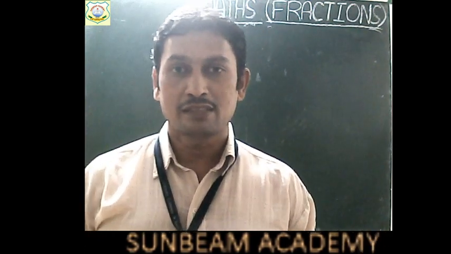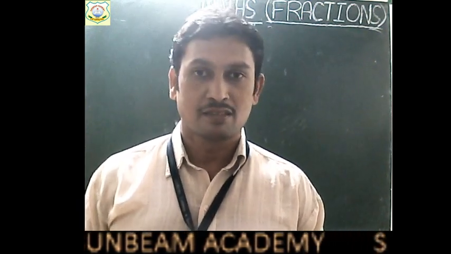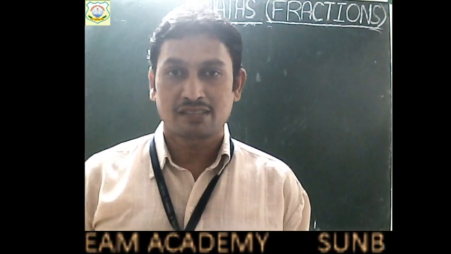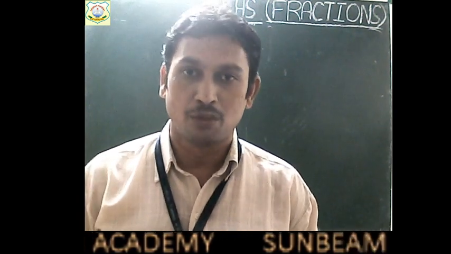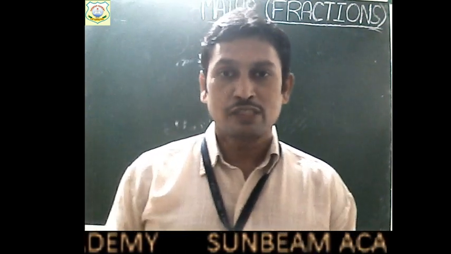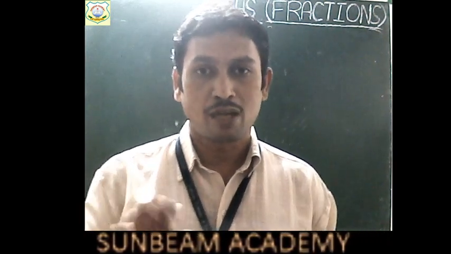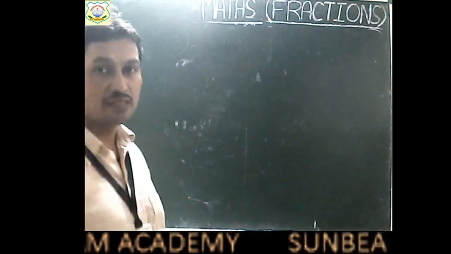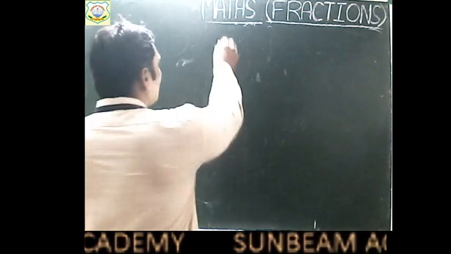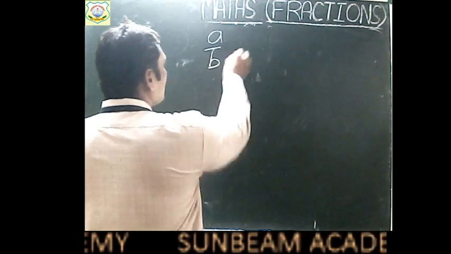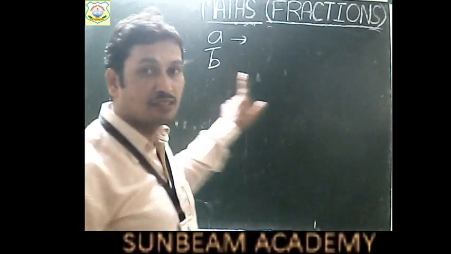So before I proceed children, let me ask you some question. If I ask you what is a fraction, so what you will say? You will say that a fraction is a part of a whole, right? So in what form is a fraction written children? You will say that a fraction is written in the form of a upon b, where a is the upper part.